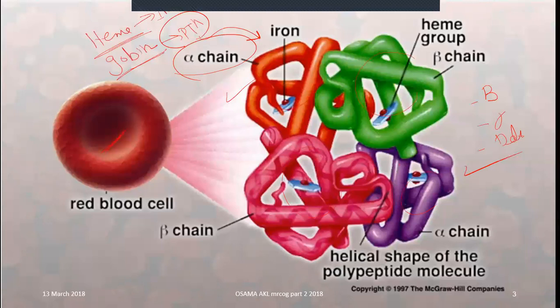Anyway, we have to understand that our globin consists of four chains. Two of them are alpha chains. Two of them are non-alpha chains. For example, in the embryo, it's gamma chain. So the embryo, its hemoglobin contains two alpha and two gamma subunits.